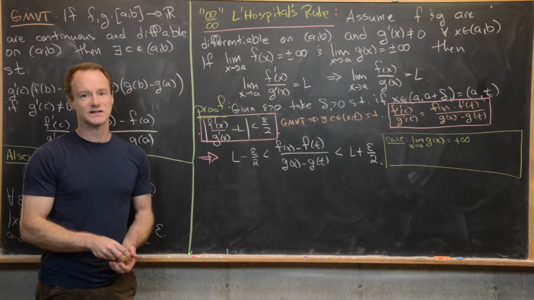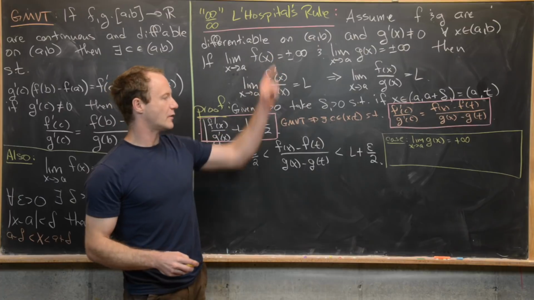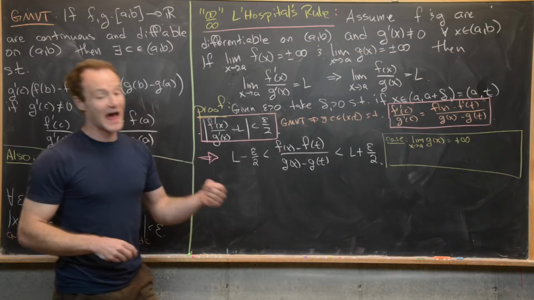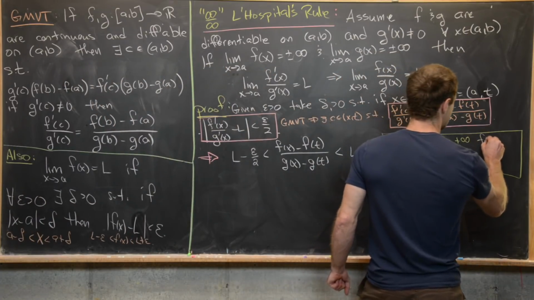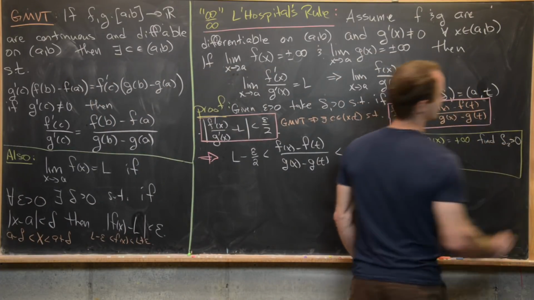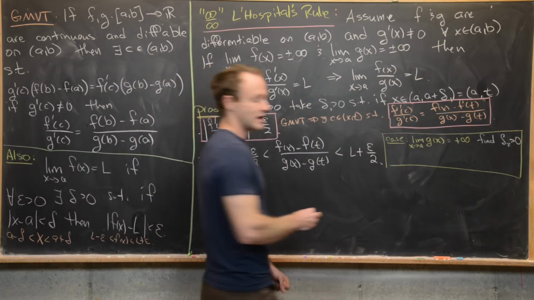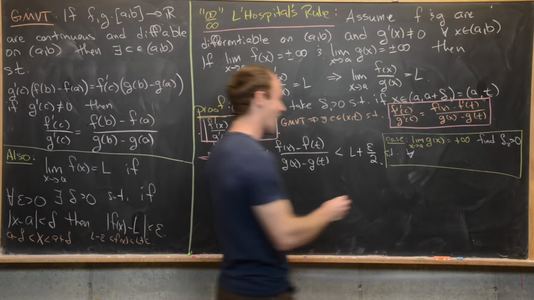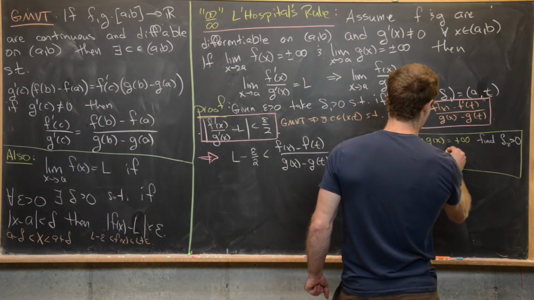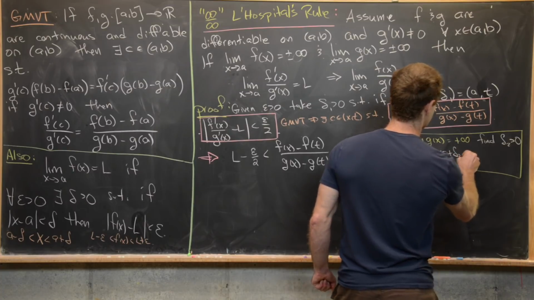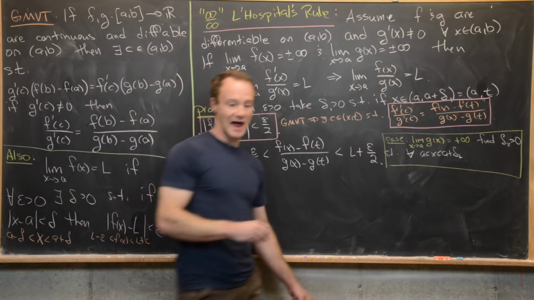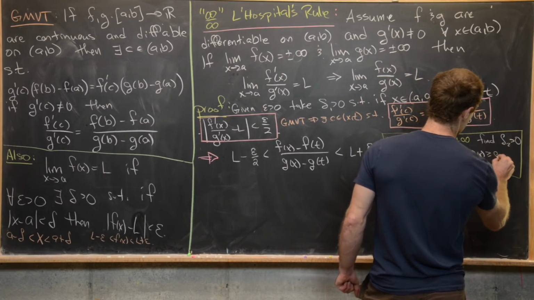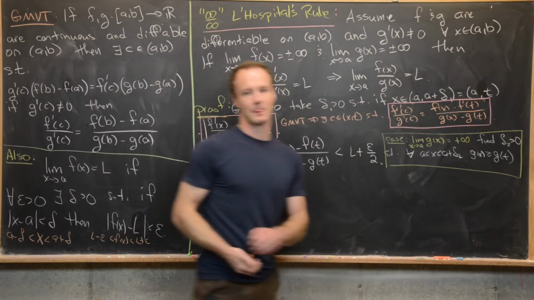But what that tells us, well, is that g of x is growing without bound as x is approaching a. But that will tell us that we can find a delta 2 which is bigger than 0, such that for all x on the interval a to a plus delta 2, we have g of x is bigger than or equal to g of t.